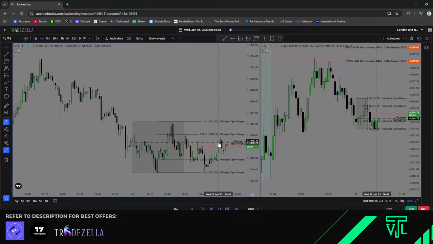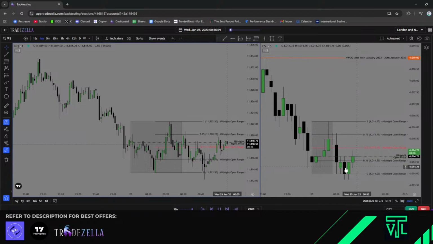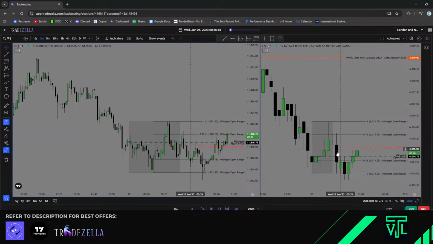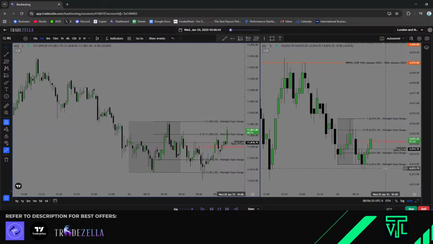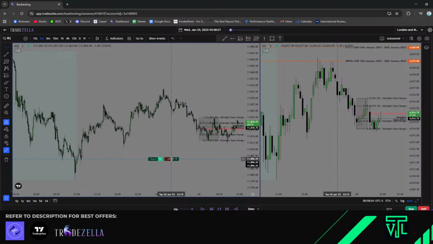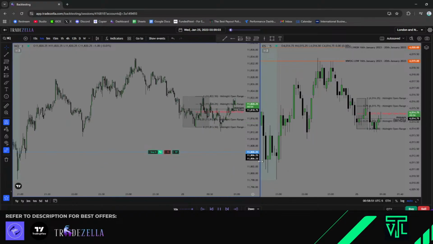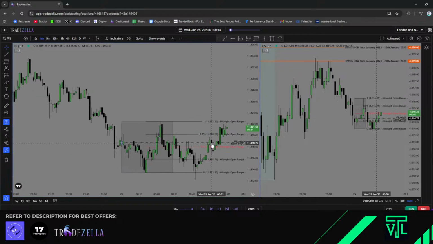I took the midnight open range here now. I should sweep the high. Yes, it's trading inside this 5 minute CB. Should be inverted bullishly. Alright.